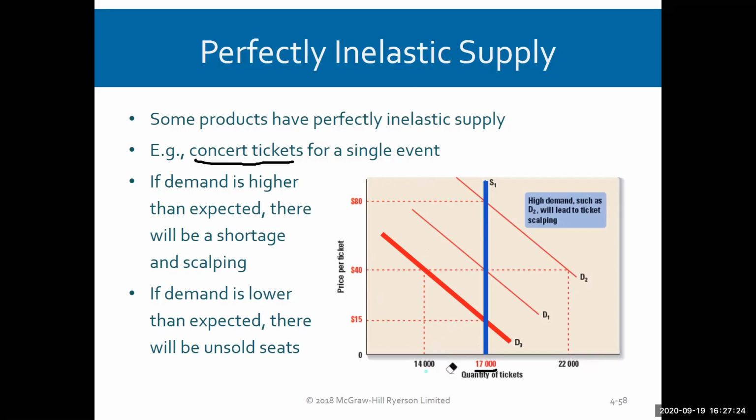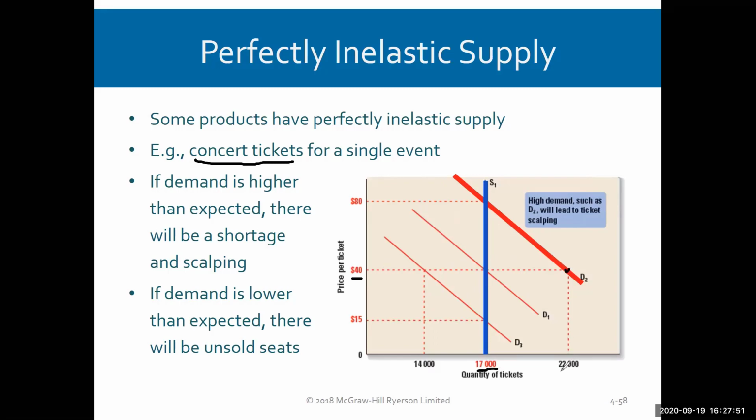But take a look at what promoters might want to do. Let's say we set the price at $40 again, but the promoter knows that demand is way out here somewhere. Why would they set the price so low when they know demand is so strong? If the price is $40, the promoter knows they only have 17,000 seats to sell, but at that price demand is going to be way out here.